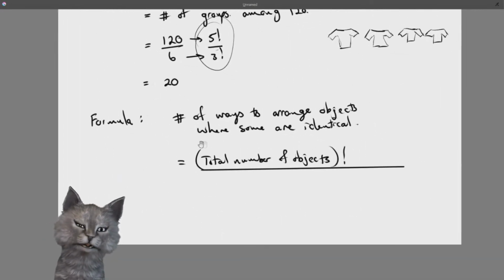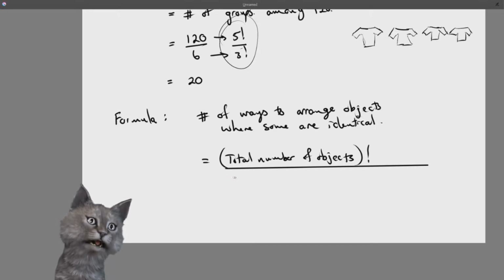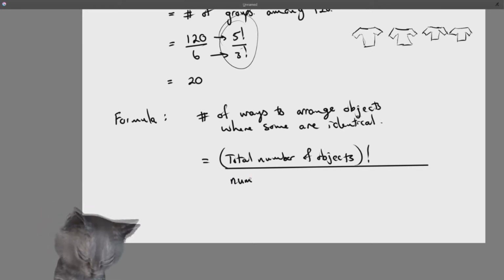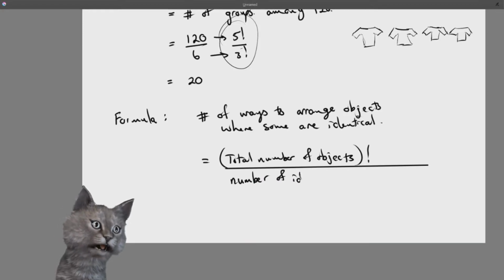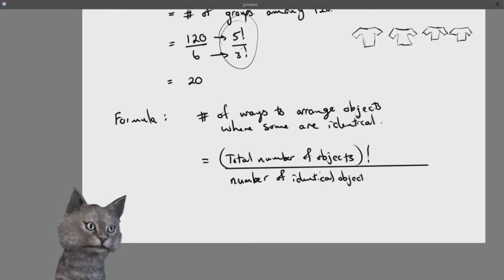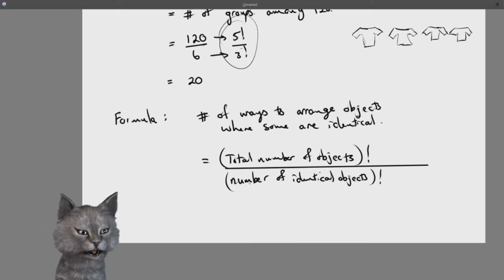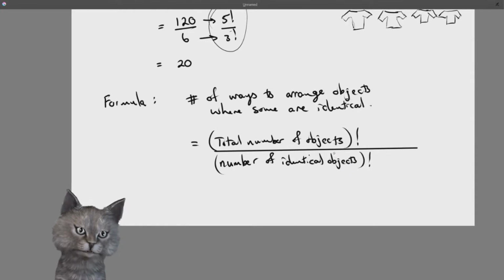That's silly. It's inefficient. Underneath is the number of identical objects, we can say, factorial. Now understand what this means. There are 3 identical S's, therefore it's 3 factorial.